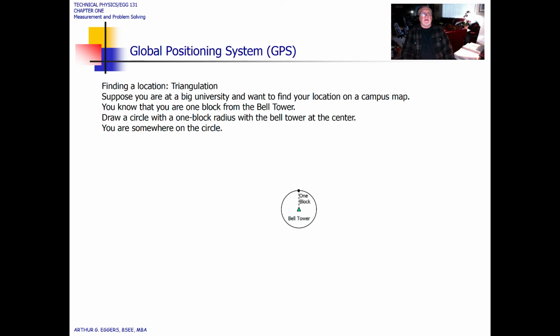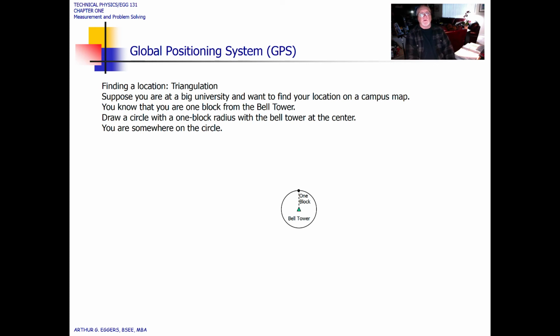In looking at an example here of a GPS, global positioning system, we can find a location by triangulation. Suppose you're at a big university and you want to find your location on a campus map. You know that you're 1 block from the bell tower. Draw a circle with a 1 block radius with the bell tower at the center.